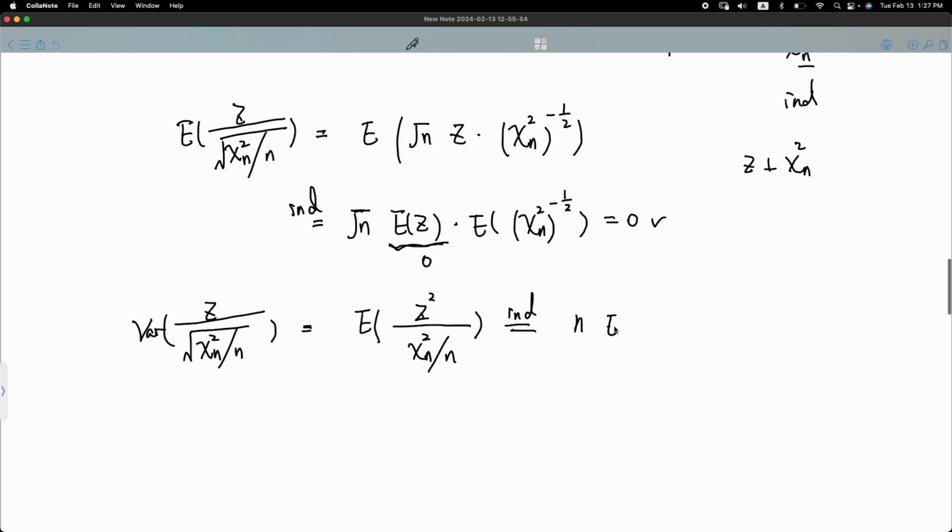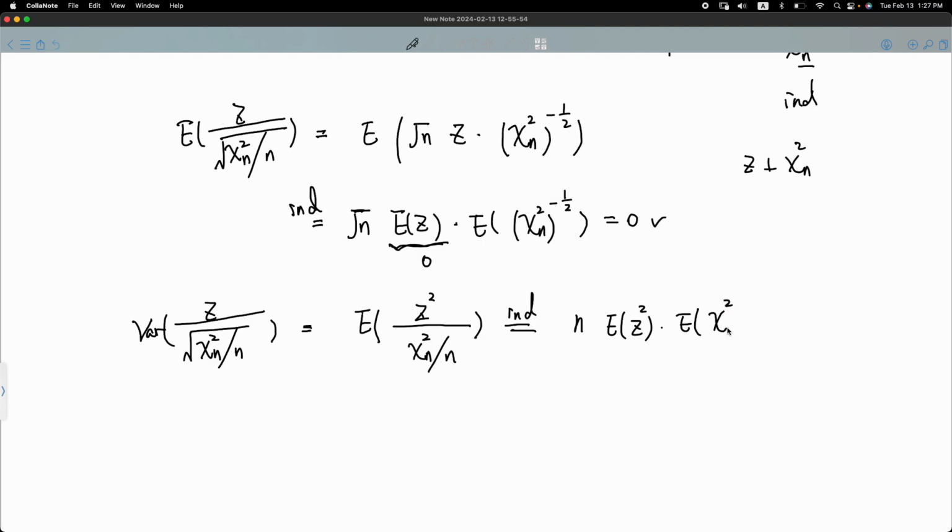I think this is n, and the expectation of Z squared, the second moment of a standard normal, and then the expectation of chi-square n, with everything raised to the power of -1.